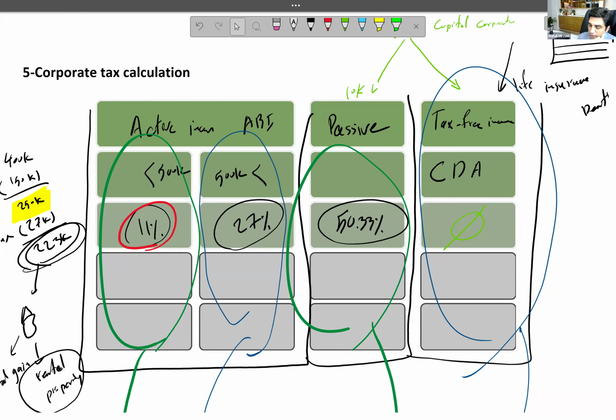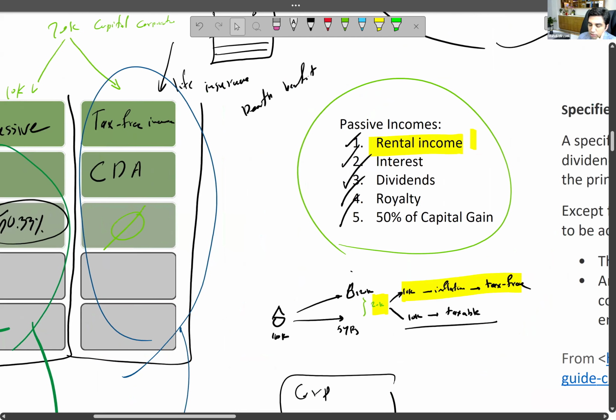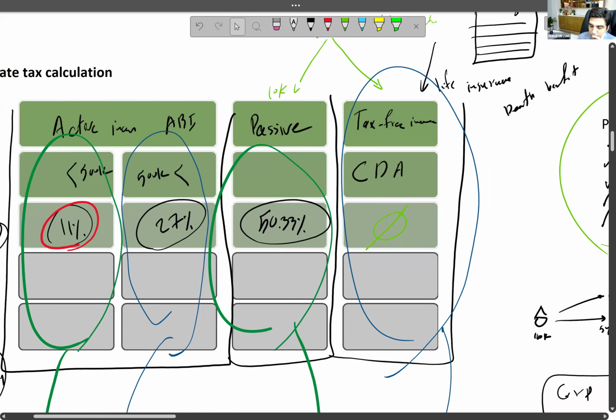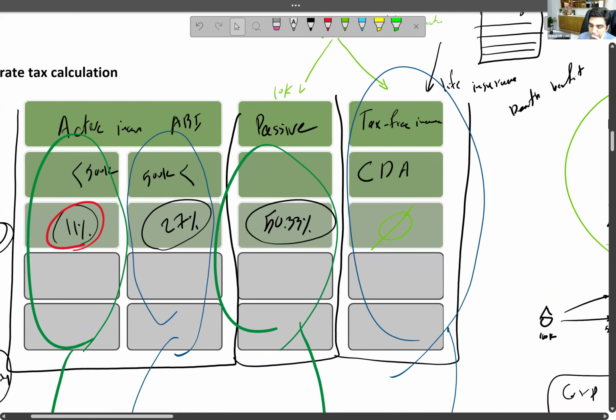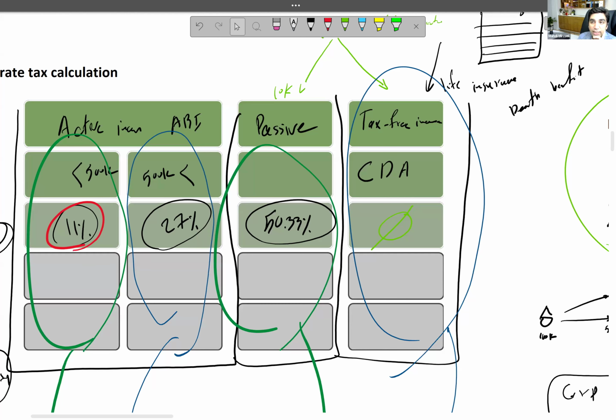Then we talked about passive income, like rent, and we explained that one. We have rental income, interest, dividends, royalties, and 50% of the capital gain. So if you have rent or any passive income, it's going to be taxed at 50%.